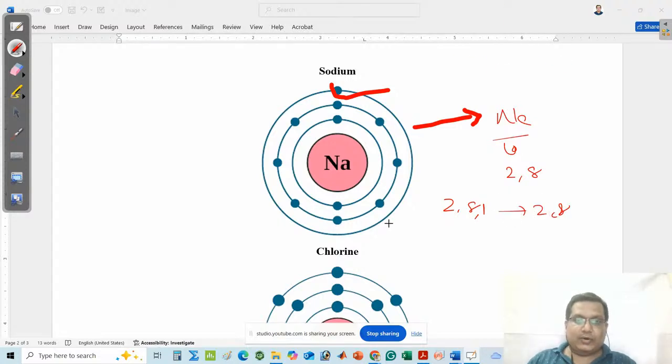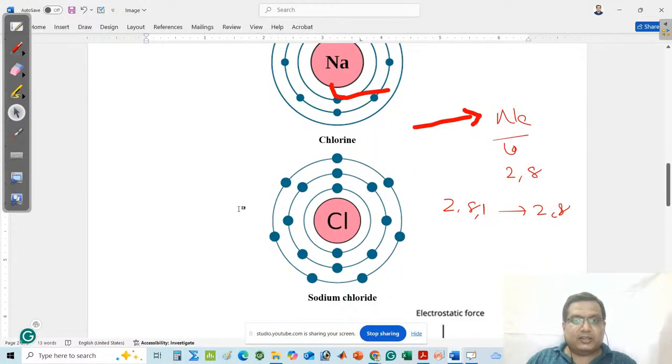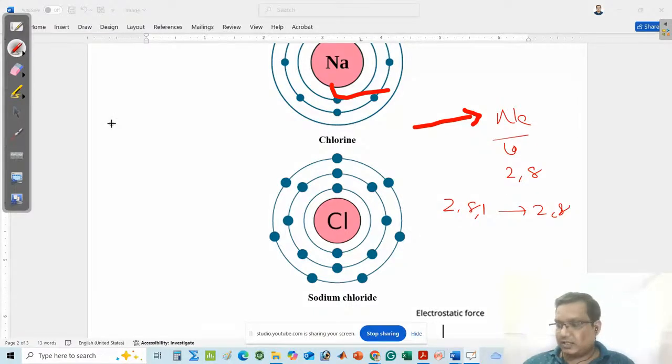Similarly, if you think about chlorine, chlorine also has a tendency to attain the stable electronic configuration. Here we can think that chlorine has electronic configuration 2, 8, 7.